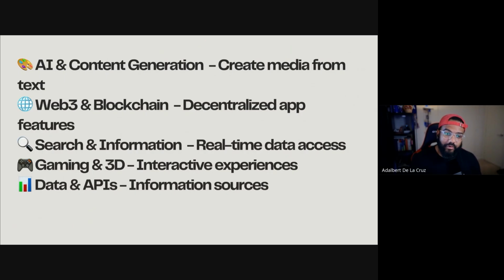Another favorite section, where I built Coinplexity, is search and information APIs, where you can use Firecrawl and Perplexity to access real-time data. It's a super dope way to build and scale your apps and provide value to your community, and help each other out in providing the solution you're trying to provide.